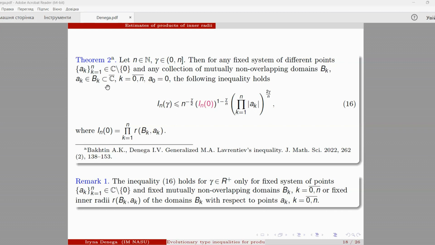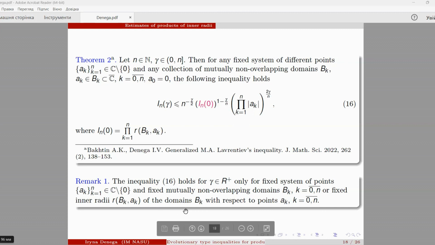Then for any fixed system of different points a_k, and any collection of mutually non-overlapping domains B_k, a_k from B_k, k from 0 to n, a_0 equals 1, the inequality holds: In of gamma is less than or equal to n to the minus gamma over 2, In of 0 to the 1 minus gamma over n, times the product of modulus a_k to the 2 gamma over n.